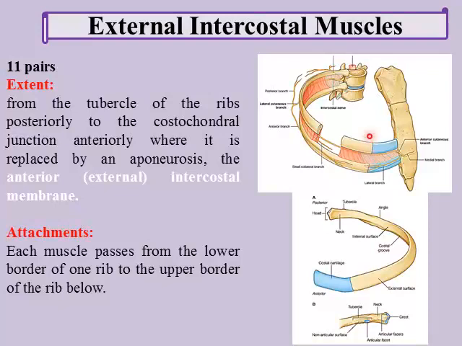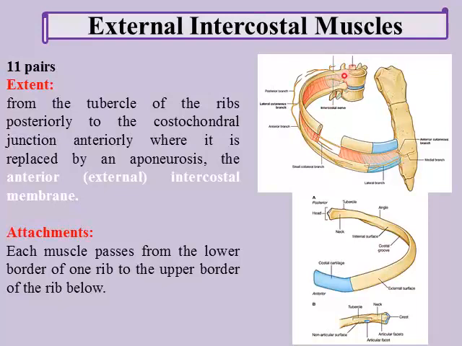When it reaches anterior at the costochondral junction, the fibers are replaced by a membrane, an aponeurosis. So this white area is now called the anterior or external intercostal membrane, because the muscle fibers are replaced anteriorly by the anterior intercostal membrane.